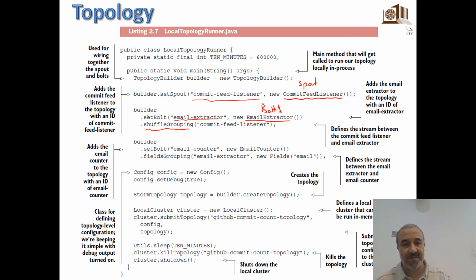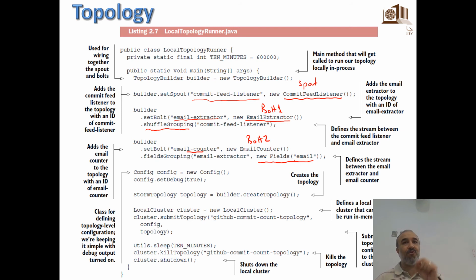So you will see here that set bolt gives a name to the second bolt, bolt 2. So this is bolt 2. And then use fields grouping with bolt 1. So email extractor is the name of bolt 1. Okay? And it has to specify the fields. So here the field is email. Where is email here? Email, you will not find it in this code.